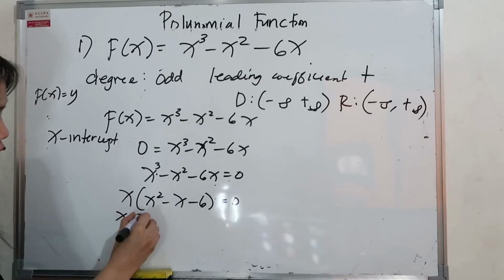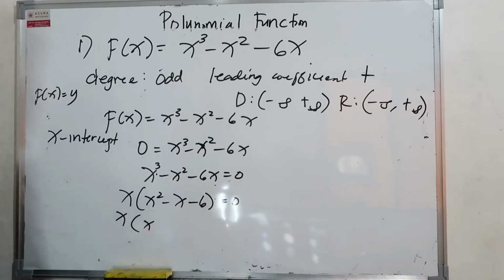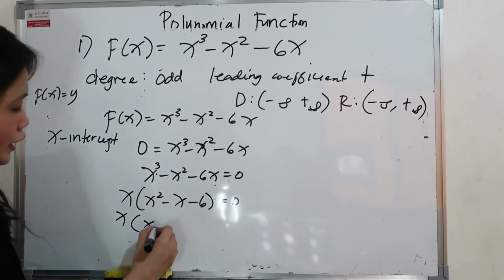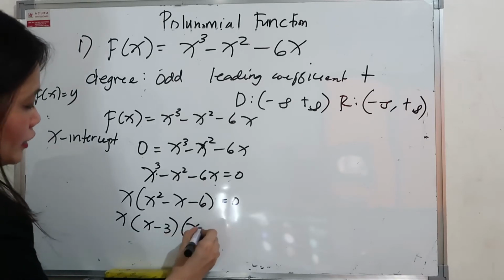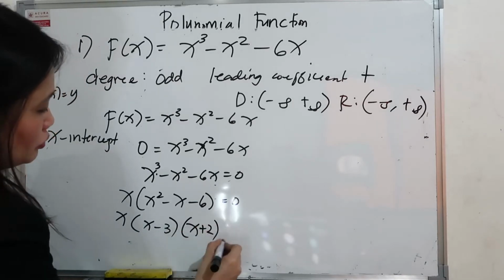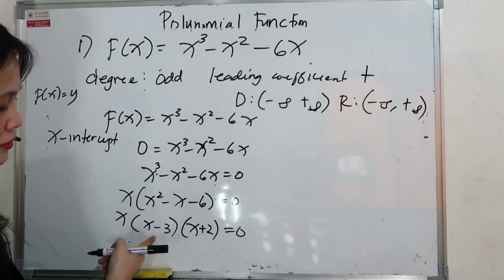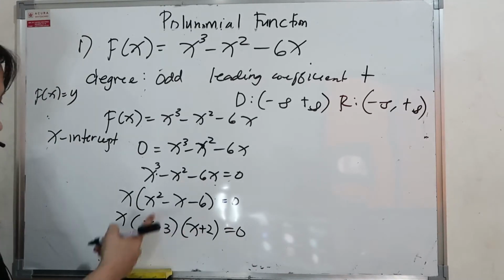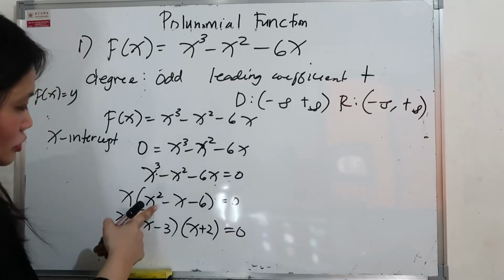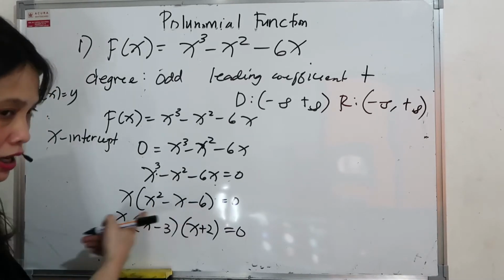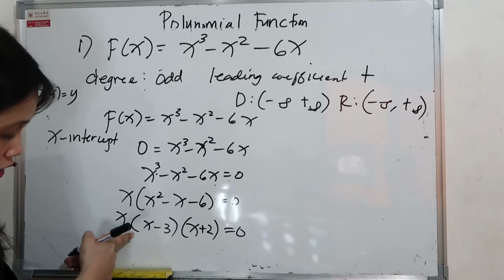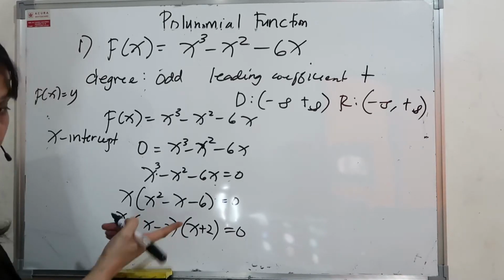The factors are x minus 3 and x plus 2, equals 0. Recall factoring: x squared minus x minus 6 gives you x minus 3 and x plus 2.